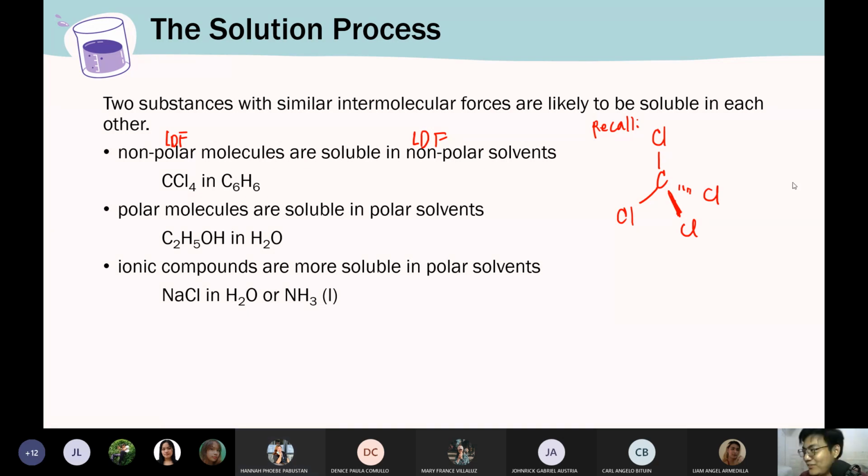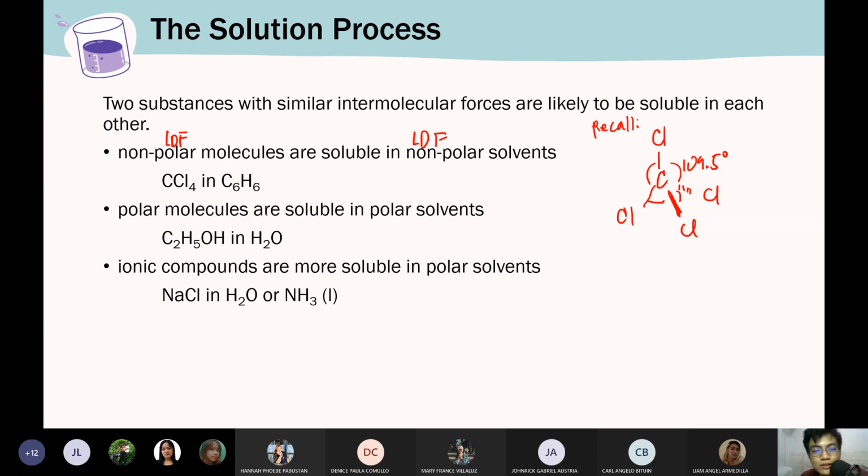So even though the bond is polar, okay? Tandaan niyo yan, polar yung bond na yan. But due to the geometry wherein all the bonds are sticking out at the same angle, 109.5, lahat yan 109.5. So nagka-cancel out yung forces. Okay? Making the molecule entirely non-polar. Okay? So yun yung reason.